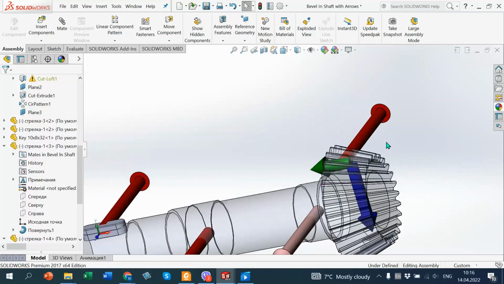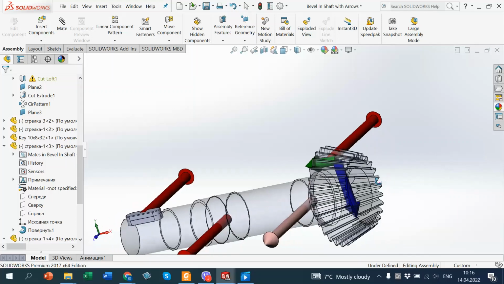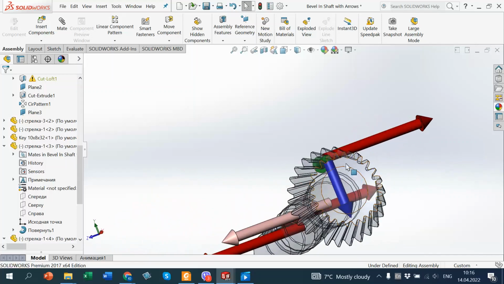We know that tangential force acts on a tangent line to pitch diameter, to operating pitch diameter. Radial force is directed from point of contact to center of rotation.